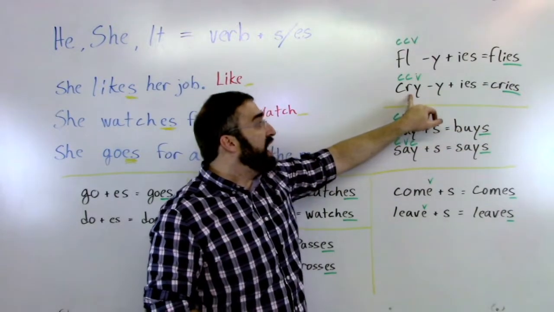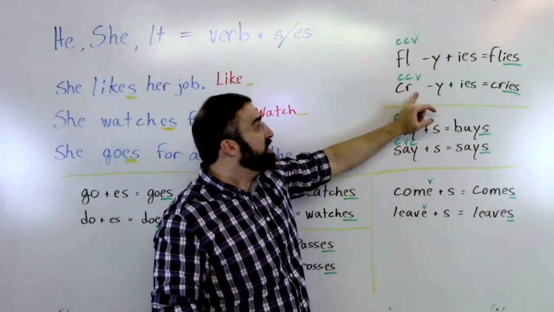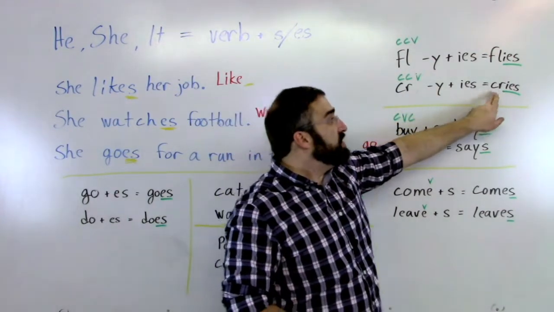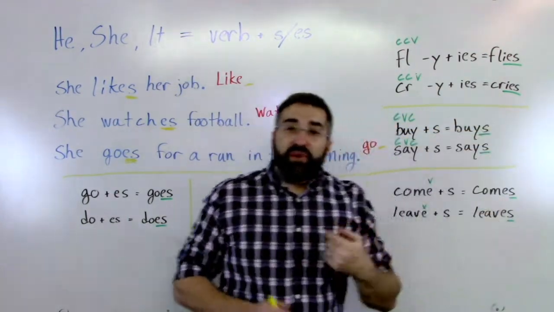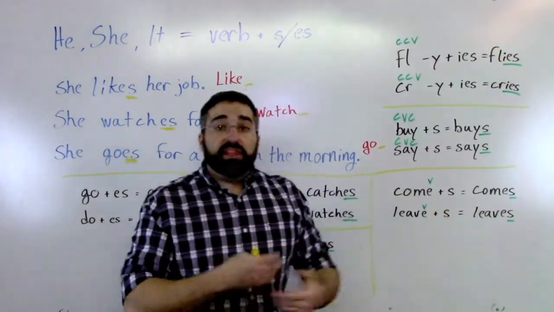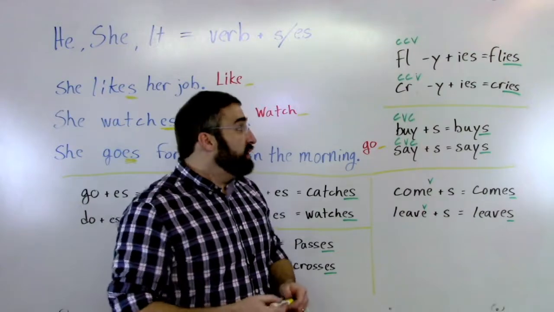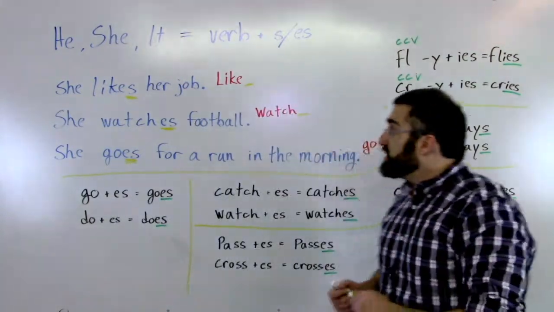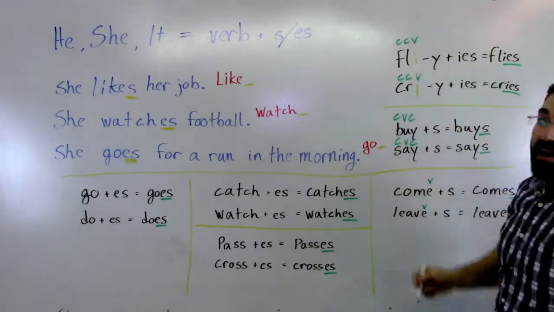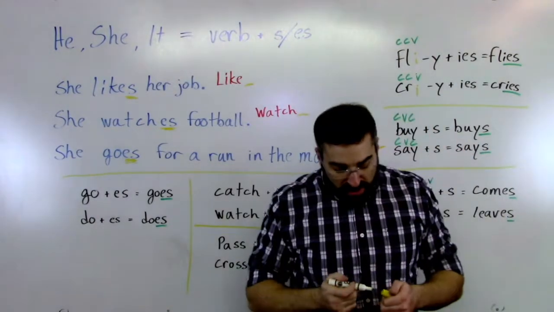Same thing here, cry, I get rid of my Y, and I end up with I-E-S, so cries. So if you have consonant, consonant, vowel, Y, then you have to replace that Y with an I, okay? So we end up with an I there instead of a Y.